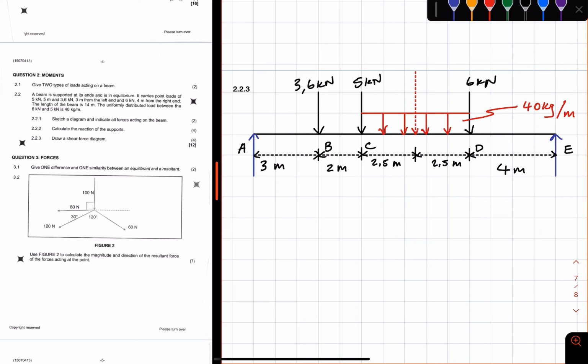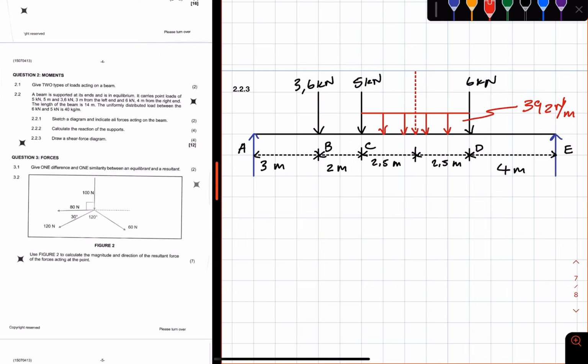So this here is 392 newtons, 392 newtons per meter, right? And we leave our UDL in that form, right?